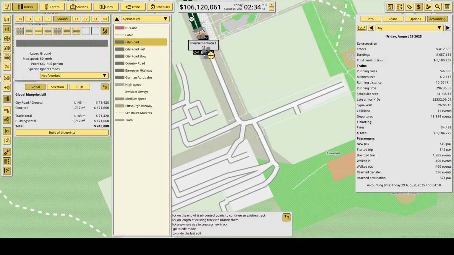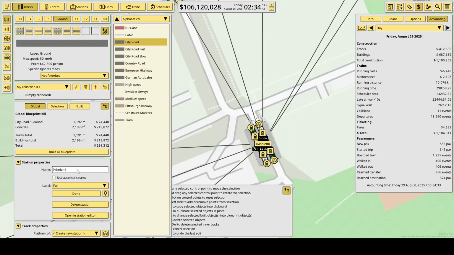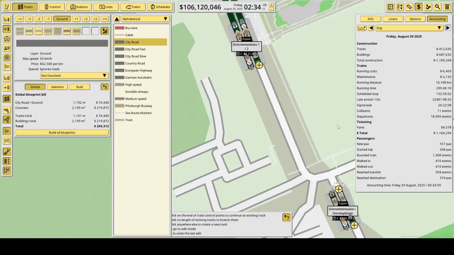And then we'll have a stop called Ivisniemen Aukio, which is obviously going to be Ivisnäsplanen. That's going to be located in here. There.